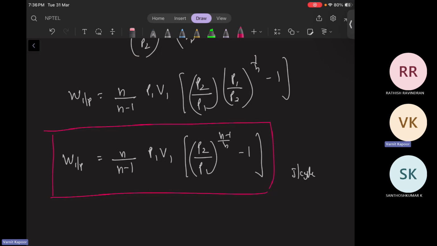Okay, and if the whole cycle is operating at n rpm, as we have seen in the IC engines, we will multiply the work input with n by 60 to convert to joule per second, not joule per cycle. Then let me write it as a note.